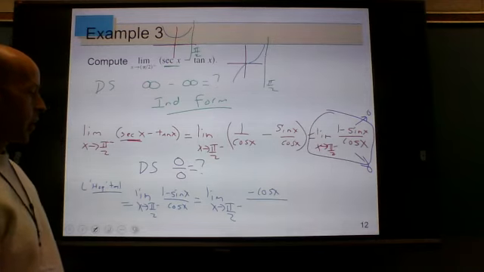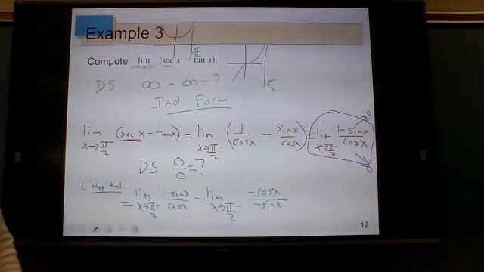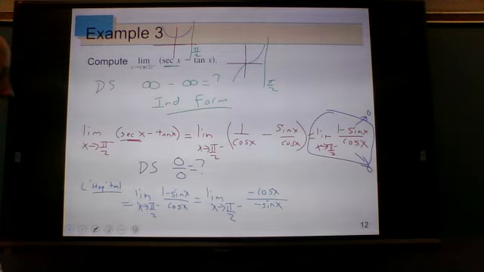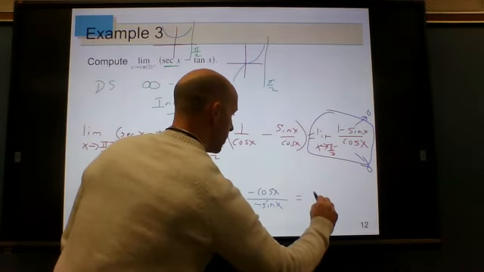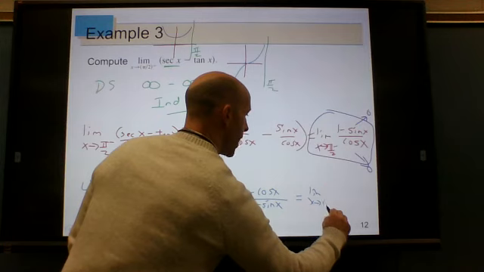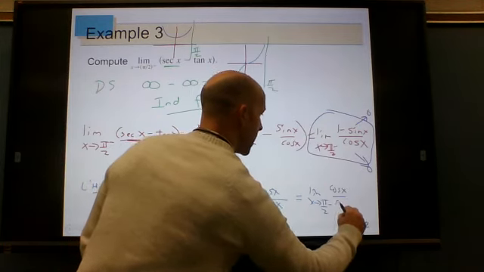And then the derivative of cosine is going to be negative sine. Of course, the negatives are going to cancel, and we'll get the limit as x goes to pi over 2 negative of cosine x over sine x.